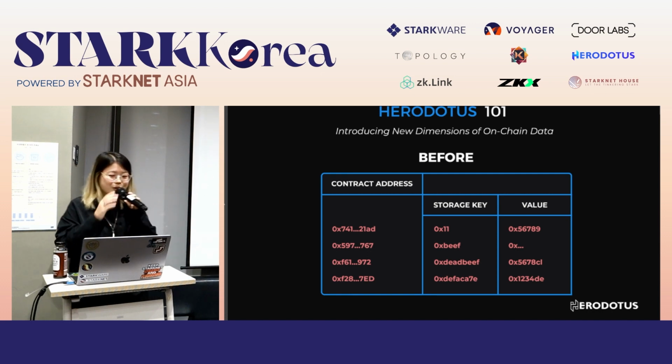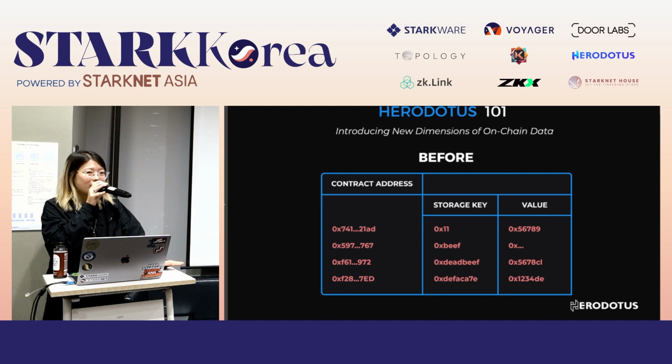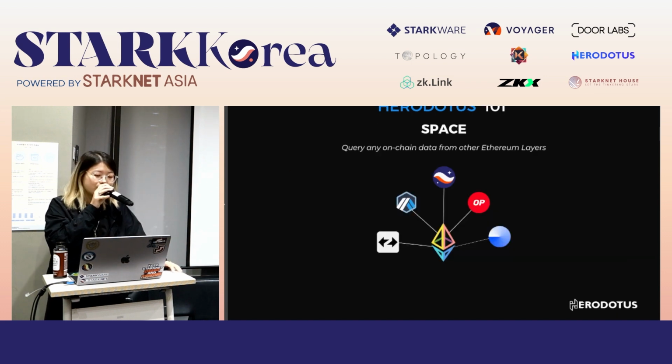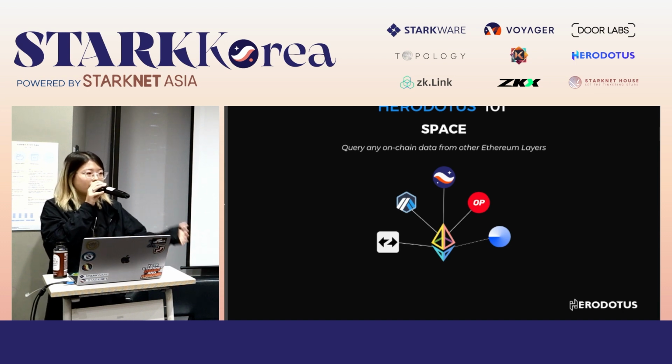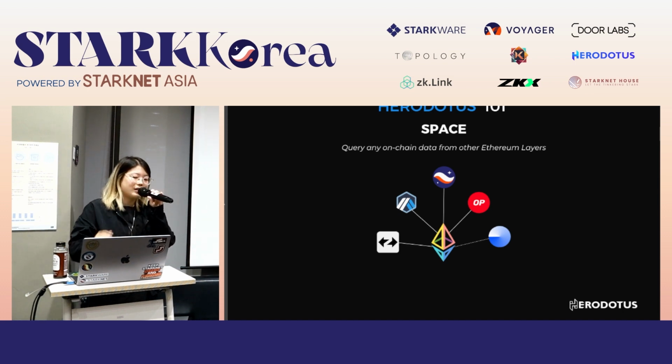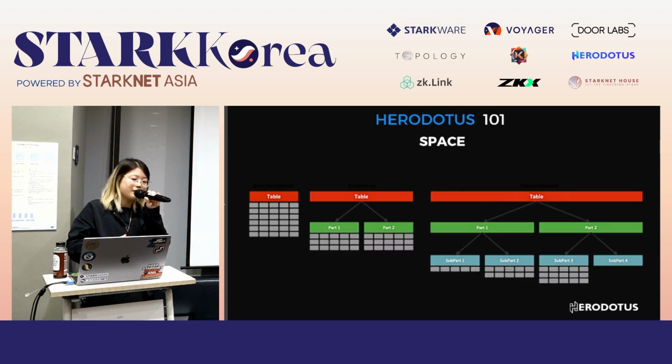The second one is, as you know, when Ethereum goes more sharded, we have a lot of scaling solutions like L2s and rollups, of which Starknet is one, which means we have more options to store the data inside rollup A, rollup B, and there are many cases where we need to access each rollup.